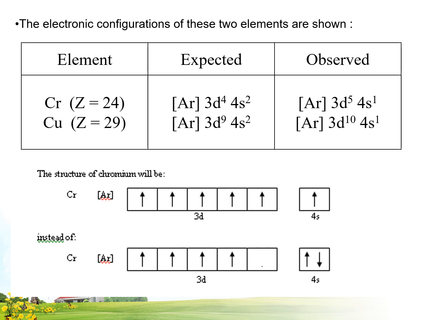The electronic configuration is Ar, abbreviated to noble gas, and the valence is 3d4, 4s2. It is what we expect because electrons will fill in the lower energy level first, 4s2, and then 3d4.